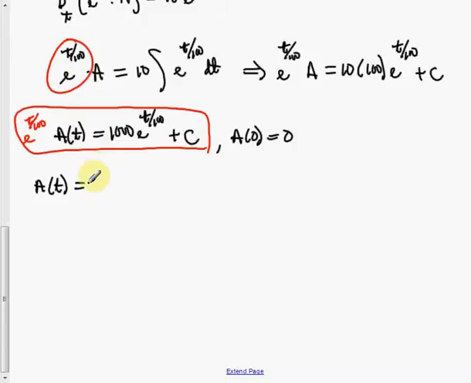So this is 1,000 plus c over e to the t over 100.